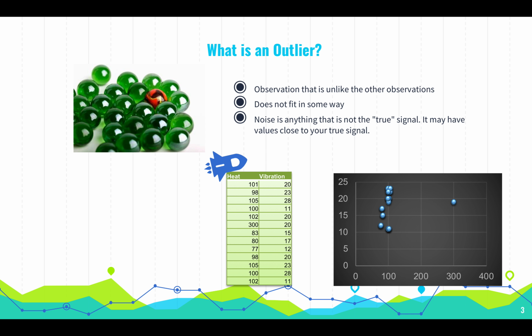So, for the basics, let me start with what an outlier is. An outlier is basically nothing but an observation that is unlike the other observations, and it somehow doesn't fit in some way. Like here in the marbles picture, there are three things which you can see.